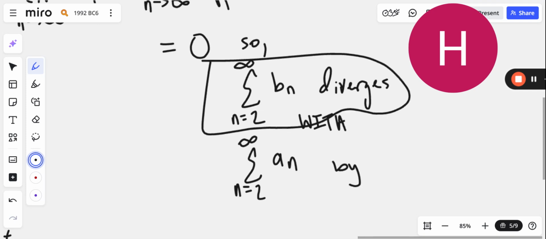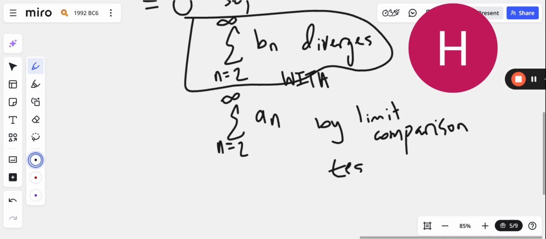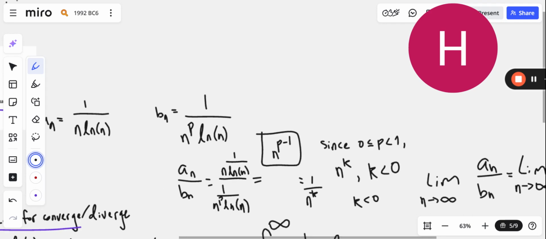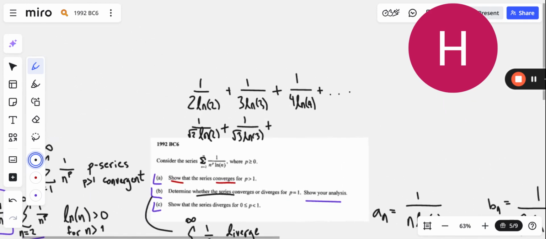And we can say by limit comparison test, not the direct comparison. You probably could do direct comparison as well. I don't think you had to do limit comparison. You probably just could have compared each of the terms like I was getting at over here.